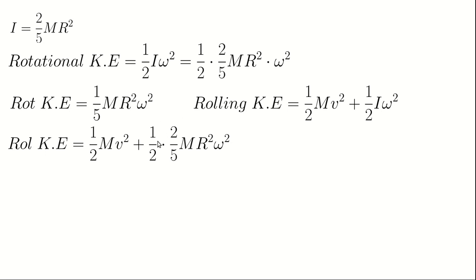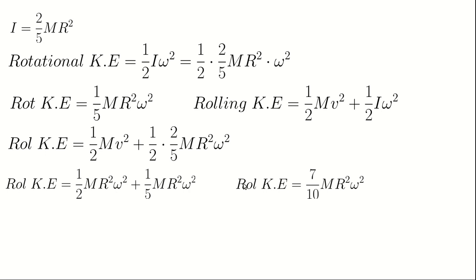We can take care of these two. That will give us 1/5. Then we can replace this v with r w, so v squared is r squared w squared, and that gives us half m r squared w squared plus 1/5 m r squared w squared. If we simplify this one by factorizing m r squared, we'll be left with half plus 1/5, and that gives us 7/10.